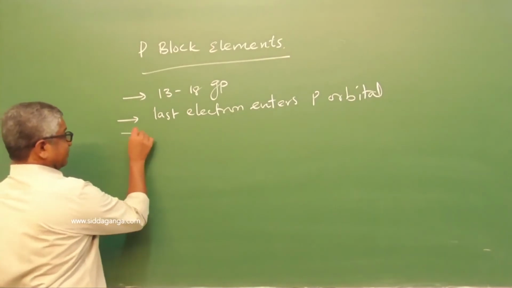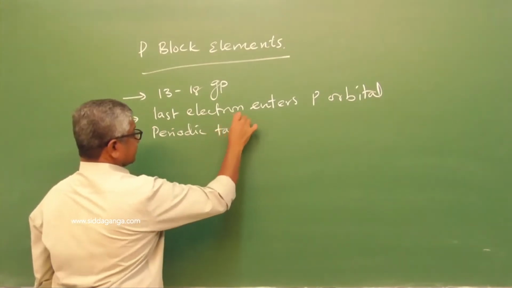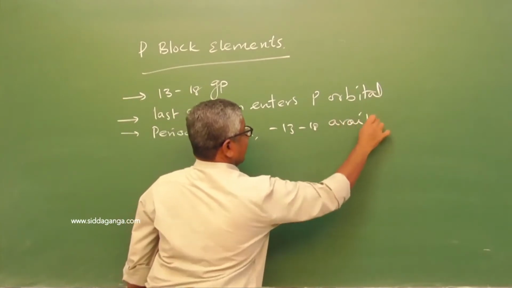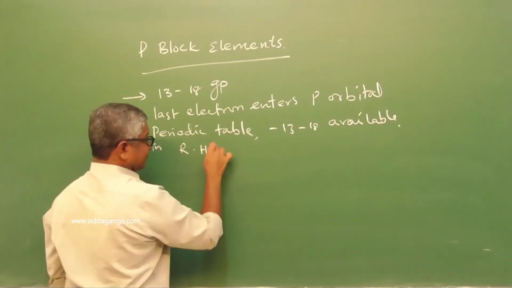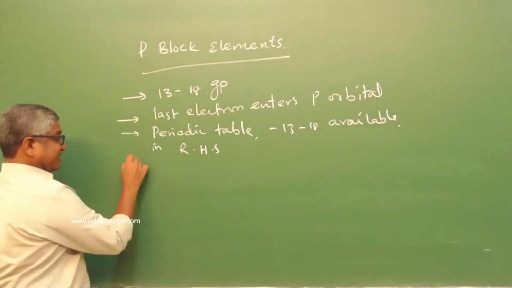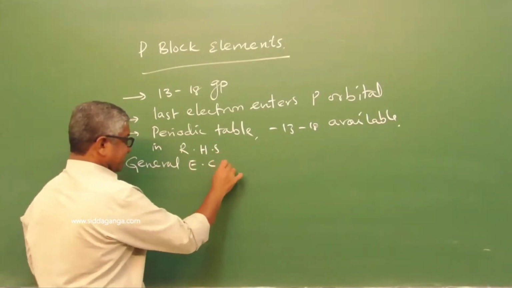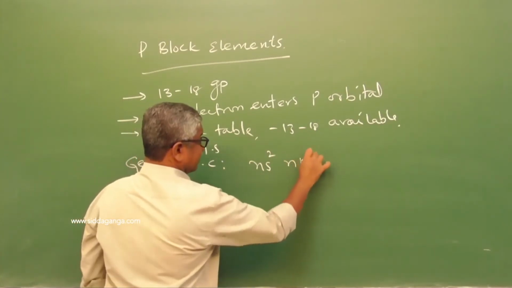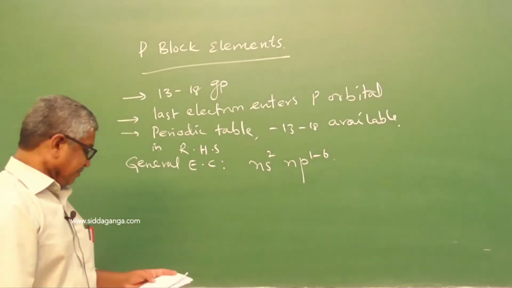In the periodic table, the 13th to 18th groups are available on the right hand side of the table. They have the general electronic configuration ns2 np1 to 6.